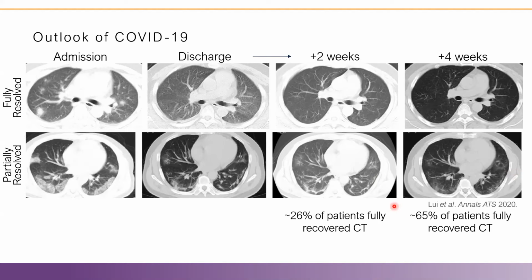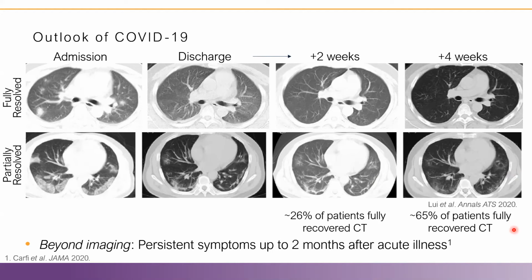At the 2-week time point, about 26% of these patients had completely recovered on CT, whereas at 4 weeks, approximately 65% of patients showed a normal CT. And beyond this, there's also been some reports showing persistent symptoms up to 2 months after COVID-19 illness.